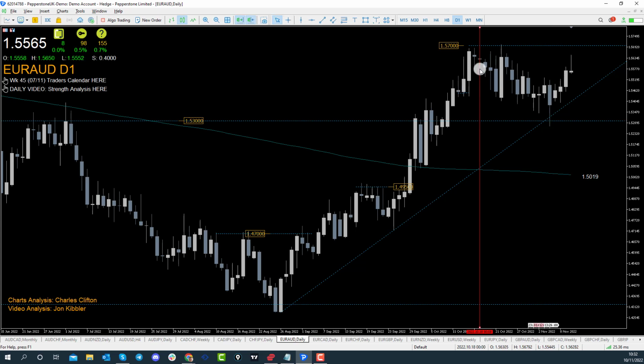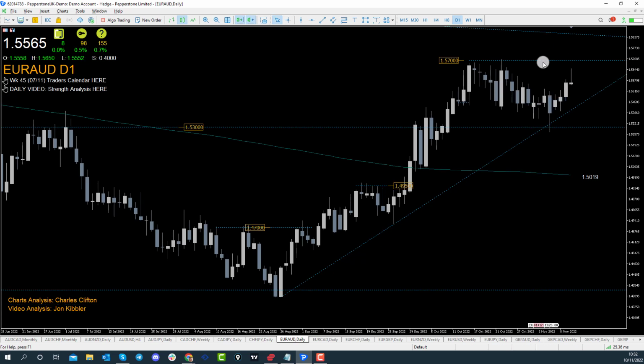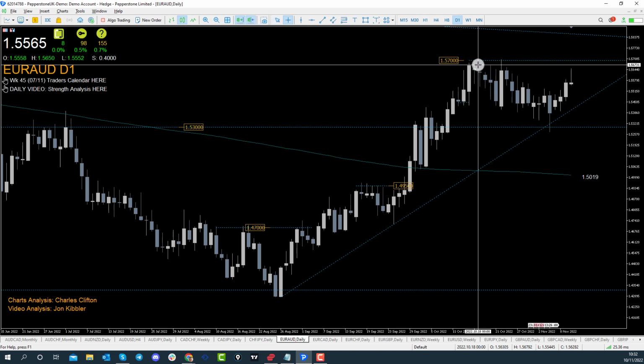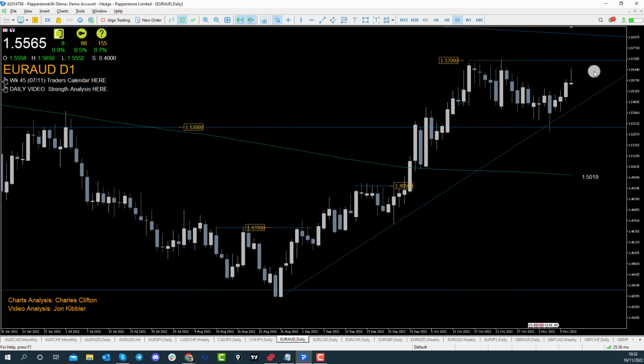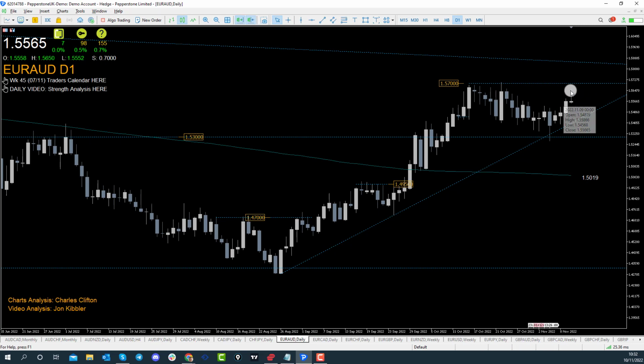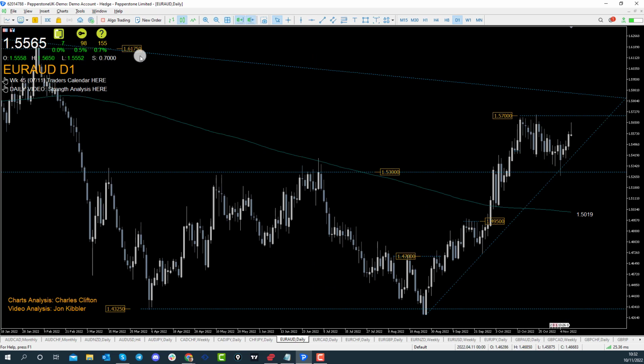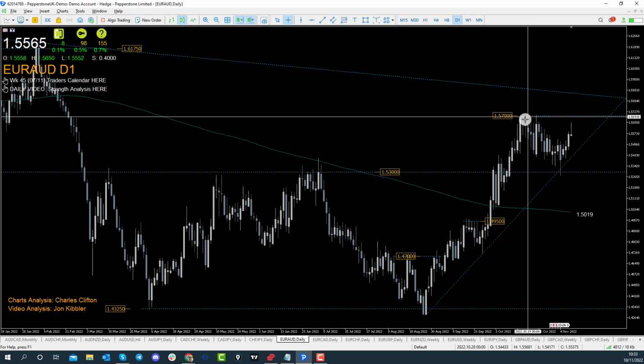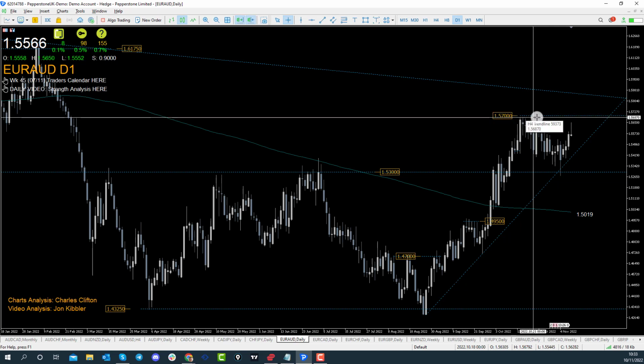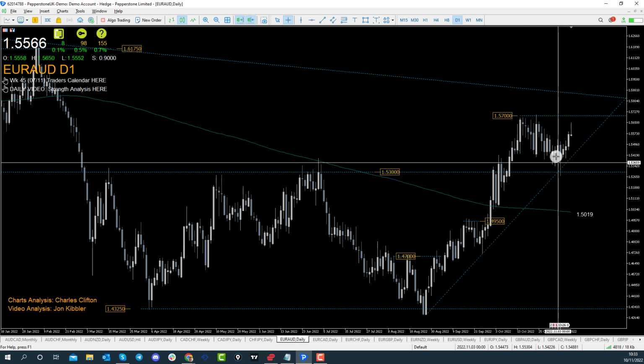Now, price is struggling at the moment to trade above the 1.57 handle, but that could be targets for the day traders if you are going to look for an opportunity on EURAUD. I do think this longer term trend line here would be the overall target for a move to the upside, but we also have to be aware that price has not breached the 1.57 handle and has traded lower from there previously.